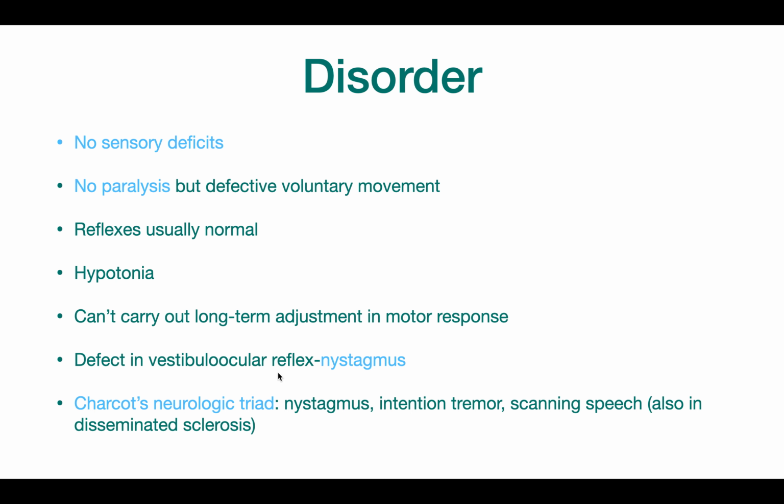The nystagmus is because of the vestibular ocular reflex problem, the intentional tremor because of the problem in coordination, the problem with inhibiting excess movements. There's a problem with tone, and scanning speech because there's involvement with like the Broca's area, Wernicke's area.